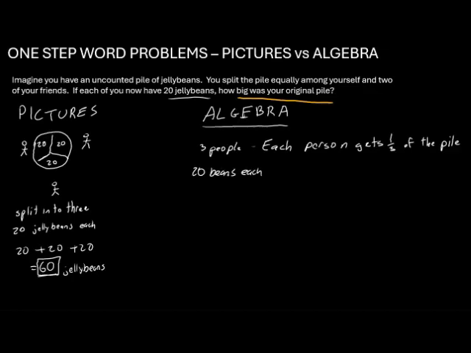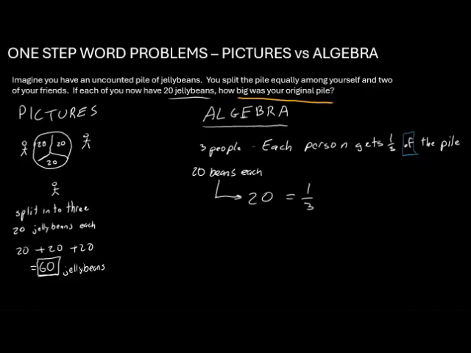Using this information, we're going to write our own equation. We're going to start by putting 20 beans on the left side. And we're going to say that this is the same as every person getting 1/3 of the pile. So we'll put an equal sign up next. Now, we're going to write that 1/3, and then notice the word of comes after it.